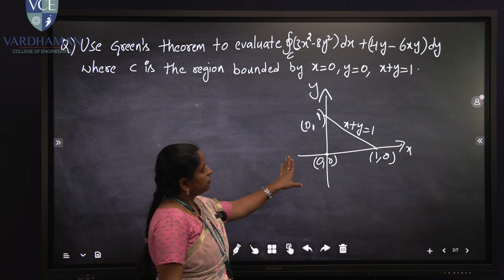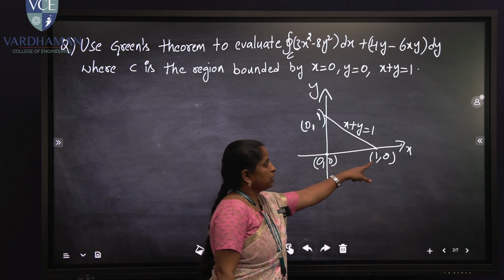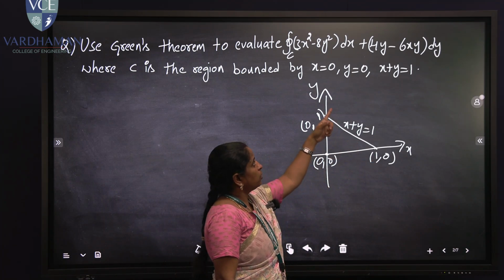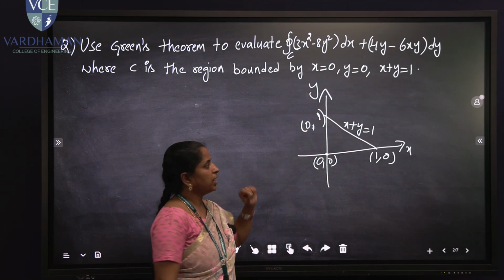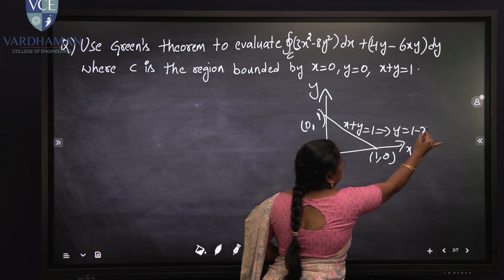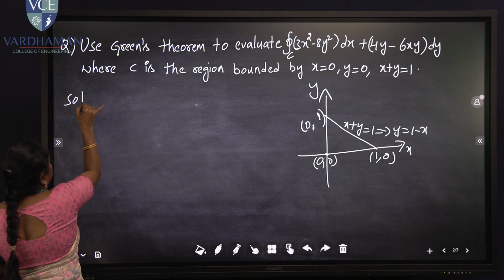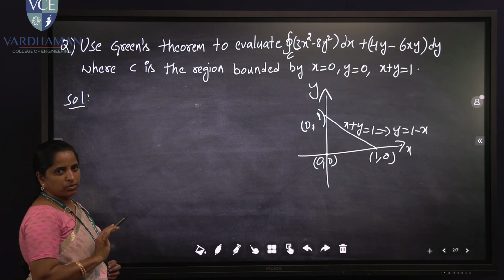Clearly from the graph, x varies from 0 to 1 and y varies from the lower limit 0 to y equal to 1 minus x. Now we have to apply Green's theorem to solve this problem.